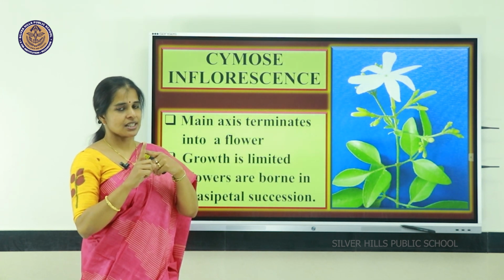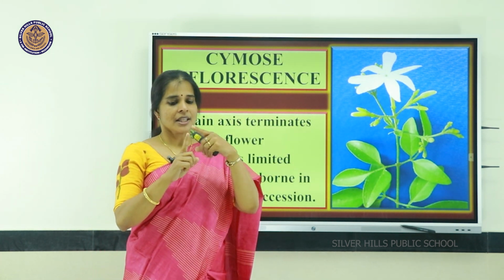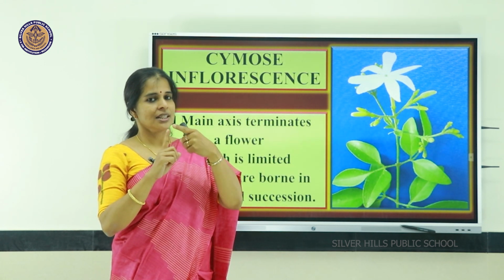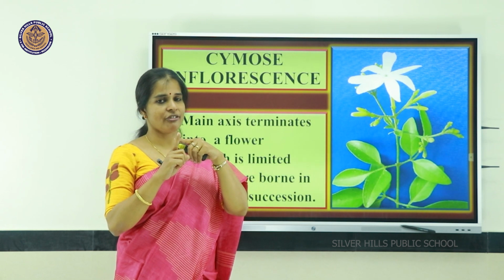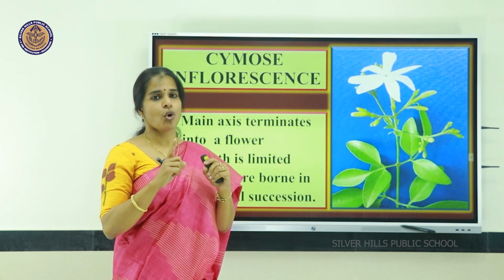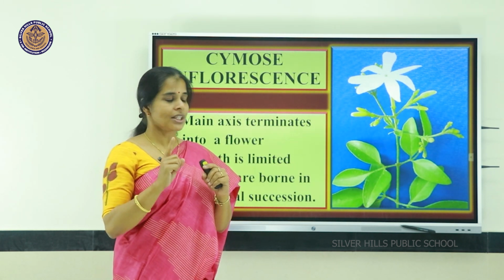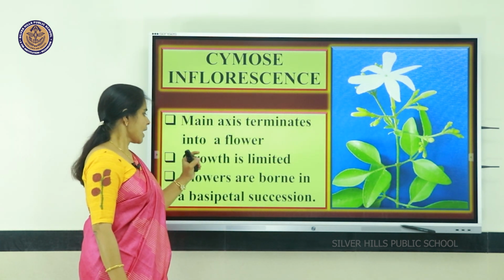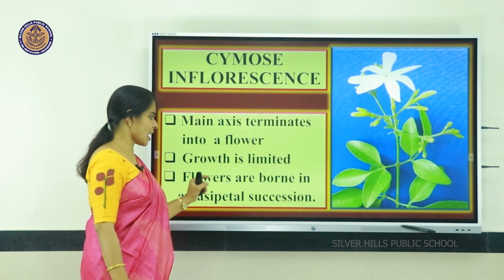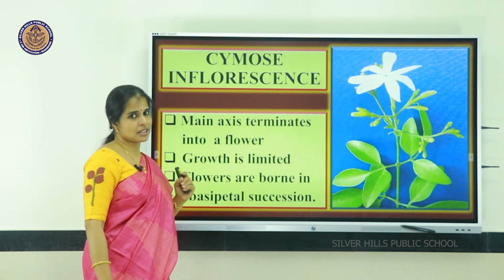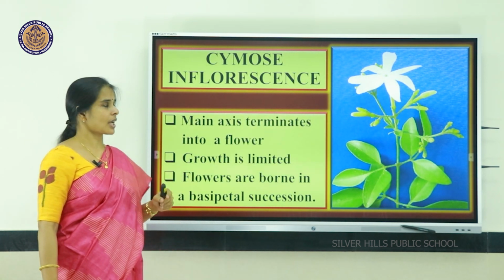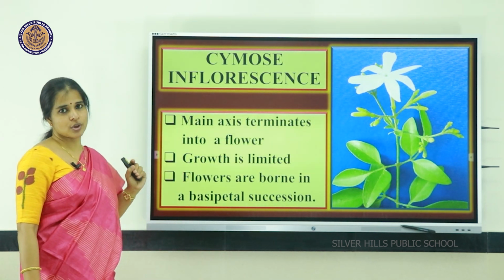In such a case, what is happening? The older flower is present in the center, and the flowers formed at the side will be young flowers. Thus the main axis is terminating into a flower and the rest of the flowers are formed in a basipetal manner. That arrangement of flowers on a floral axis is known as cymose inflorescence.